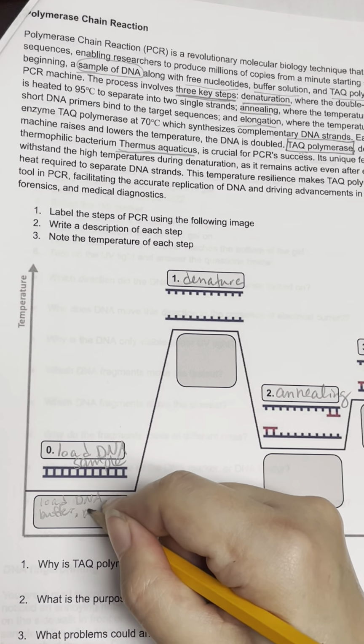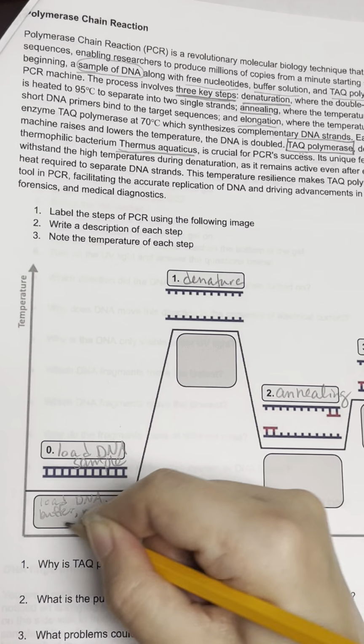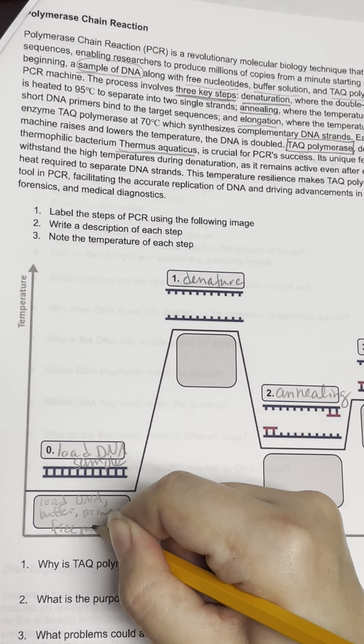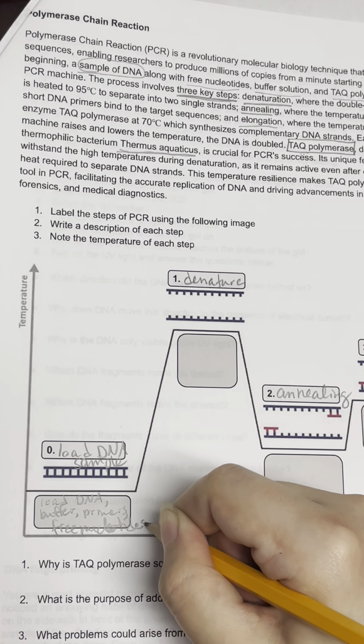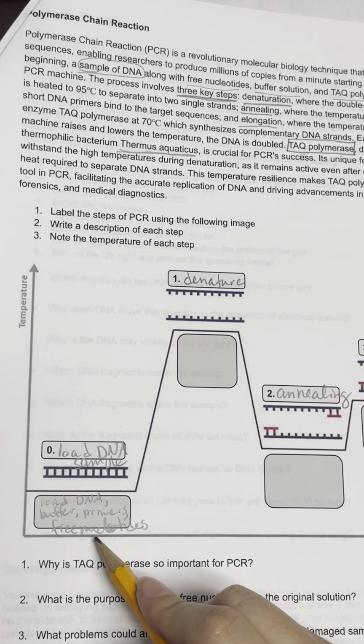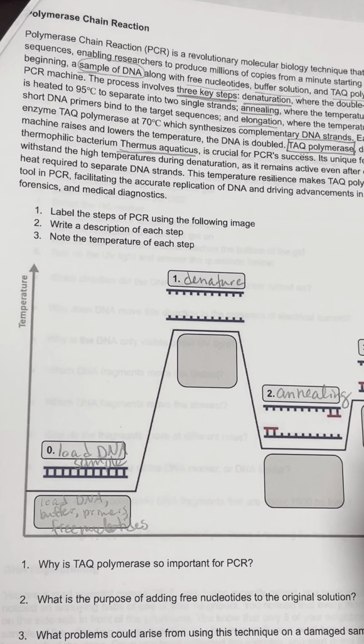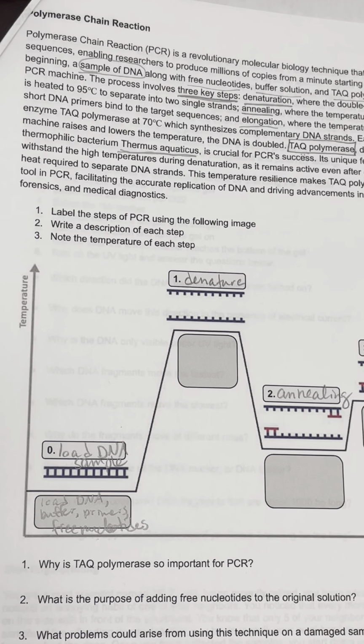We also need primers and free nucleotides. The free nucleotides are really important because without the free nucleotides, Taq polymerase would not be able to add the nucleotides in sequence. So we need to have as many nucleotides as we want to make copies of DNA.